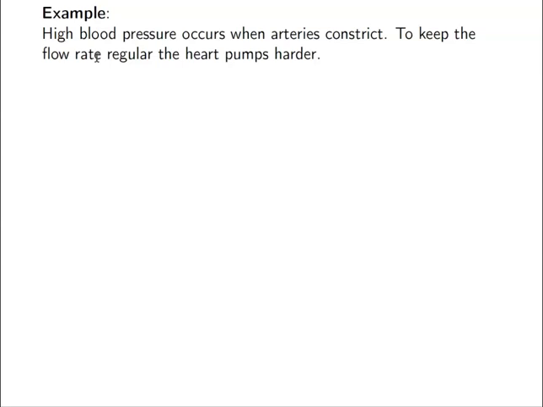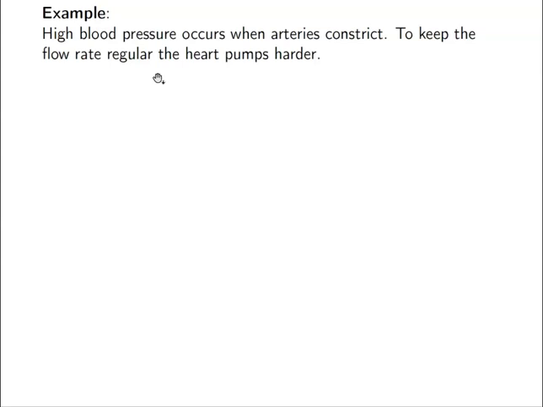In order to maintain the amount of blood flow that needs to happen, the heart has to pump harder in order to maintain that ideal level of flow, right?